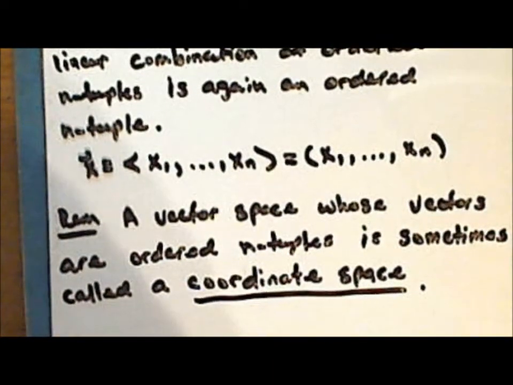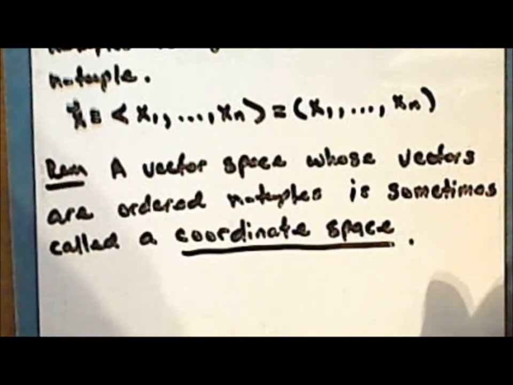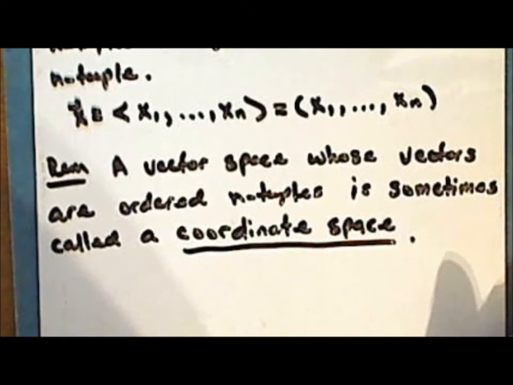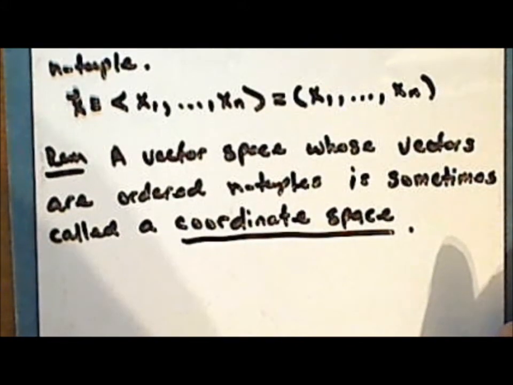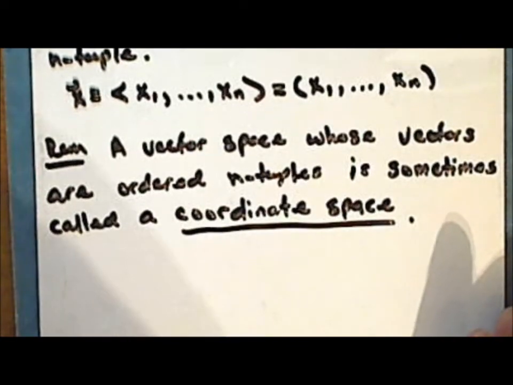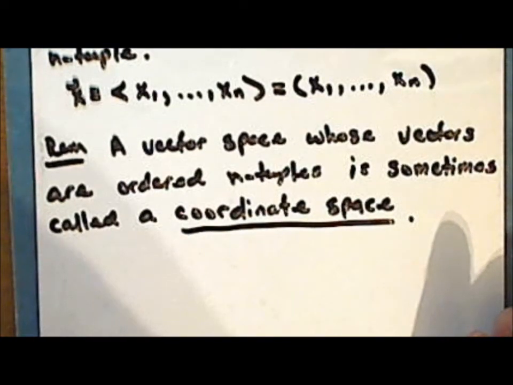So the n-dimensional real space is itself a vector space over a set of scalars, those scalars being the real numbers. And this works for any positive integer n.